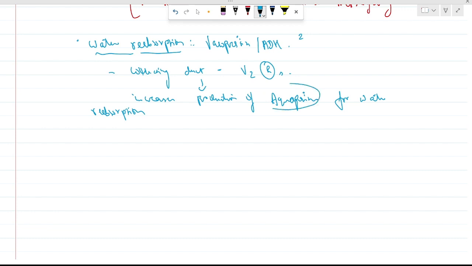These aquaporins, as we know, are the transport channels of water across the cell membranes. When vasopressin or ADH acts on these V2 receptors in the collecting duct, it increases the production of aquaporins for water reabsorption. Hence, water reabsorption happens; the hormone responsible, vasopressin or antidiuretic hormone, prevents diuresis.